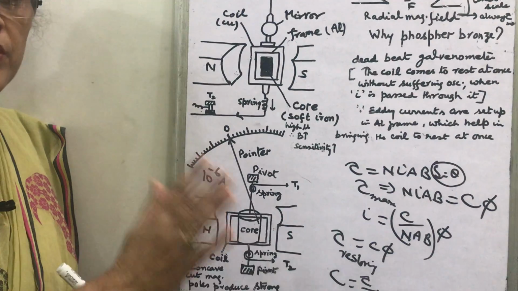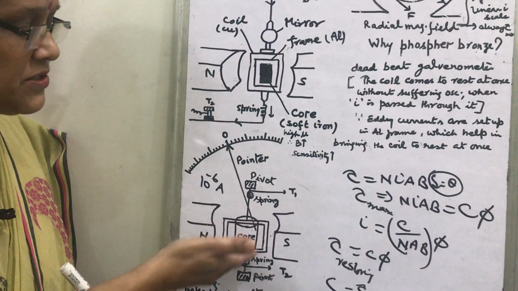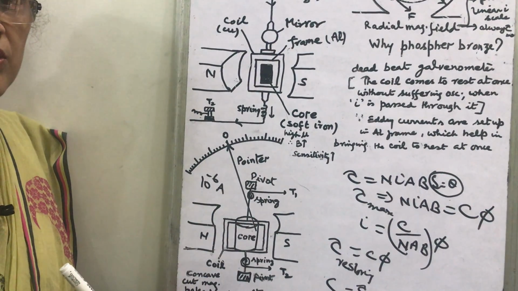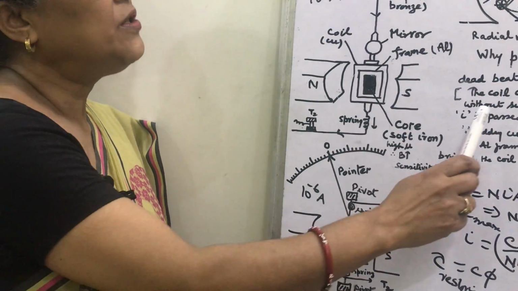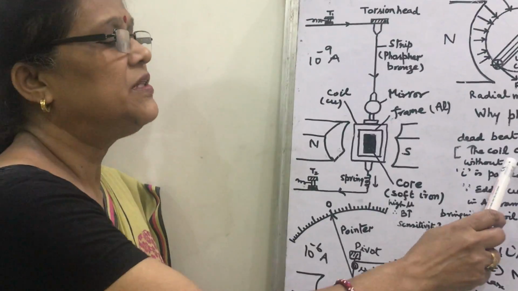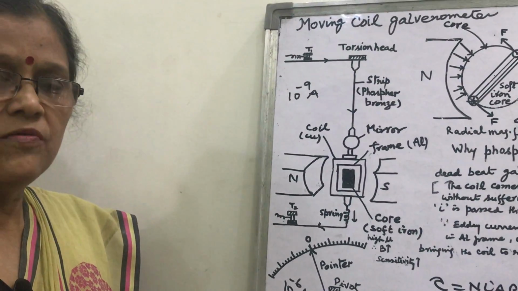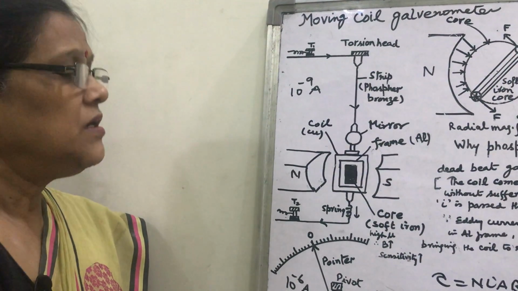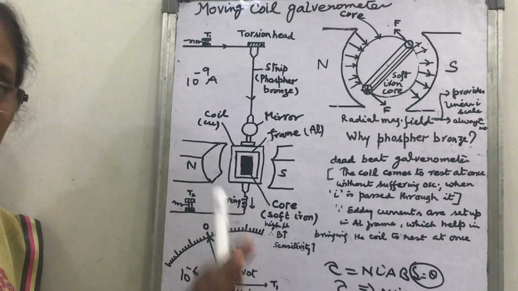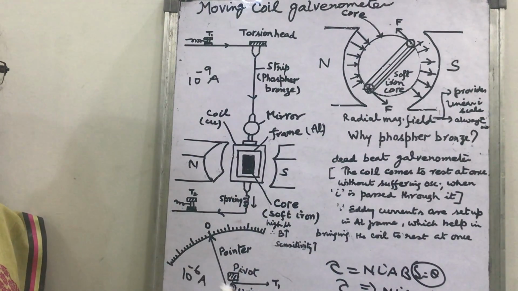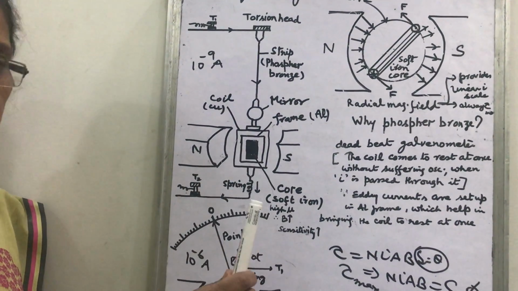And one more thing, what do you mean by a deadbeat galvanometer? A galvanometer is said to be a deadbeat galvanometer when, as the current passes through it, the coil comes to rest at once without suffering any oscillations. It comes to rest at once. And why does it come to rest at once? Because the material of the frame is aluminium, a conducting one.